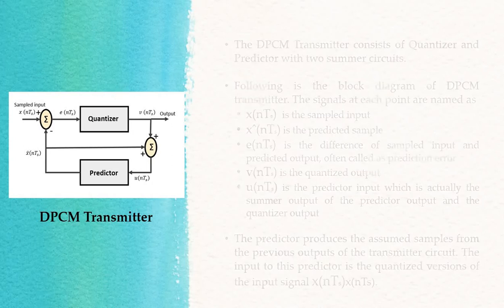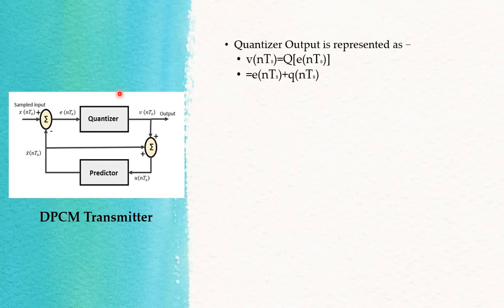Now in the DPCM transmitter, the quantizer output is represented as v(nTs), which is the quantized output, given as e(nTs) plus q(nTs). That means the error signal added with the quantization error is the actual output of the DPCM circuit, where q(nTs) is the quantization error which gets added to the input signal.